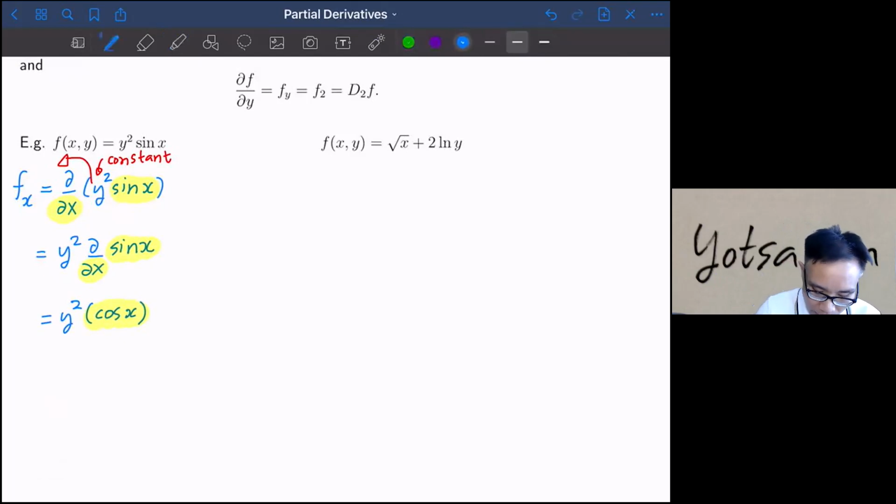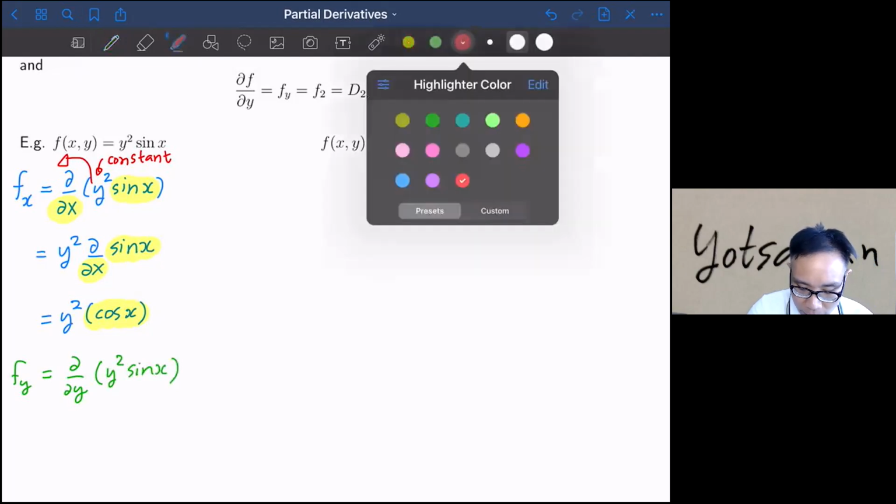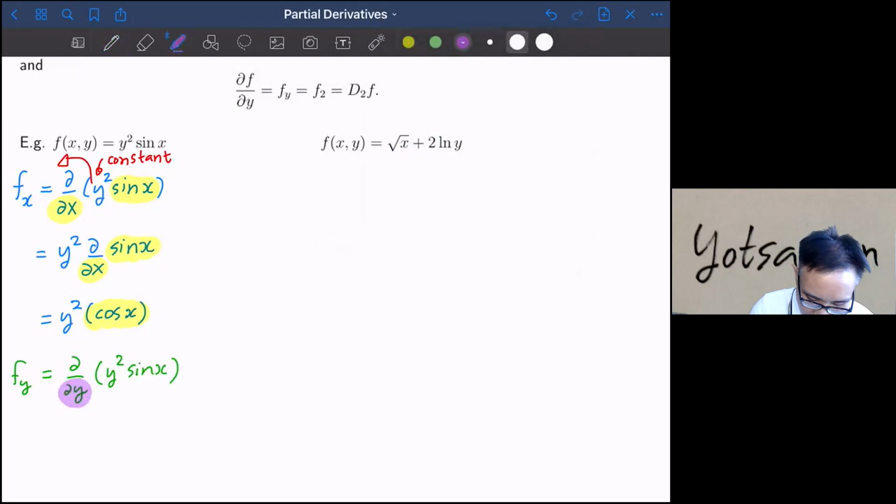Similarly, you have fy, which is d/dy of y squared sine x. The difference is the variable that we are differentiating, which is y.